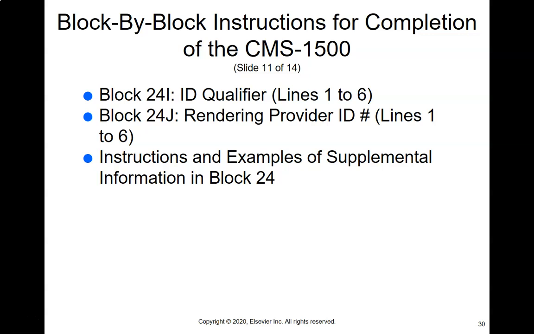Block 24I is ID qualifier, lines 1 to 6. Block 24J is your rendering provider ID number, lines 1 to 6. Instructions and examples of supplemental information are all in Block 24.